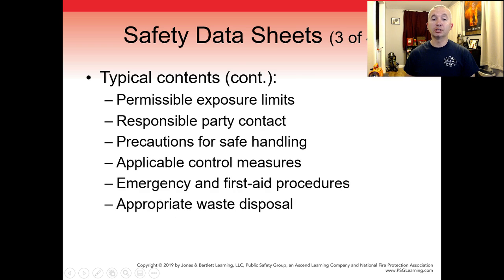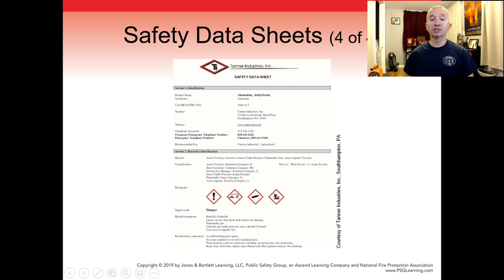They also list permissible exposure limits, a responsible party contact, precautions for safe handling, applicable control measures, emergency and first aid procedures, and appropriate waste disposal. Make sure to ask a representative for the SDS for any spilled materials present. This is an example of an SDS for anhydrous ammonia, showing only the front page.